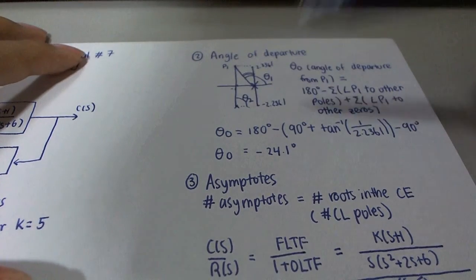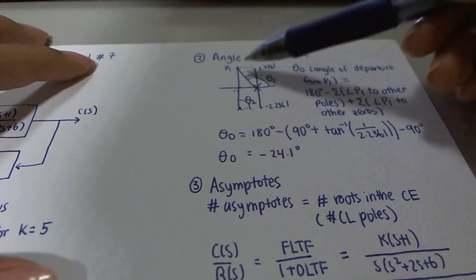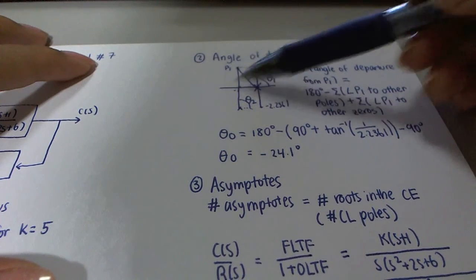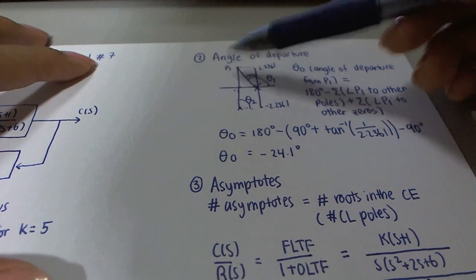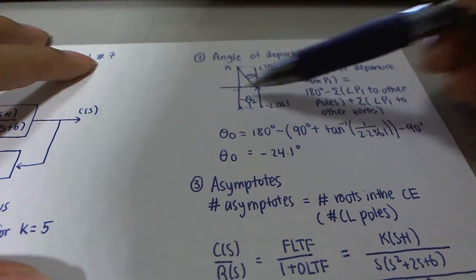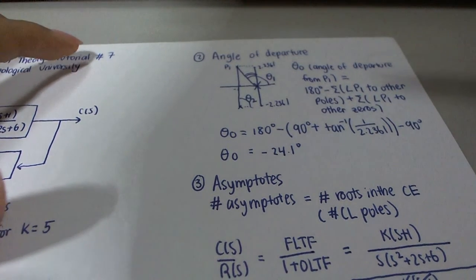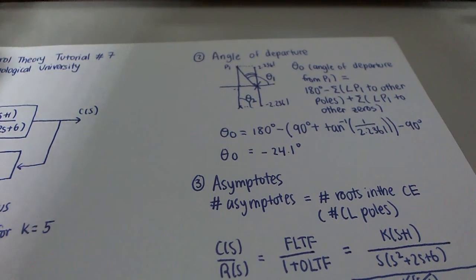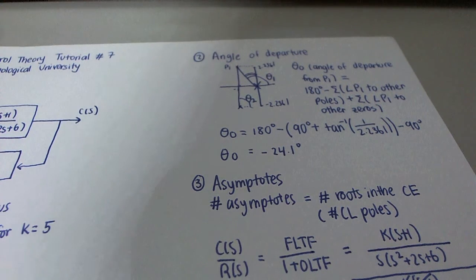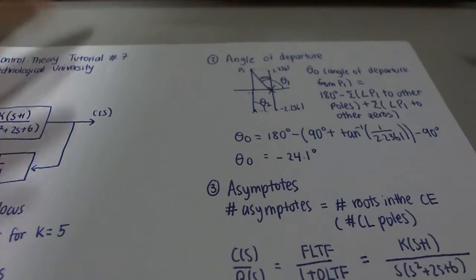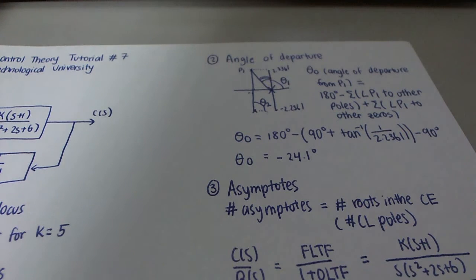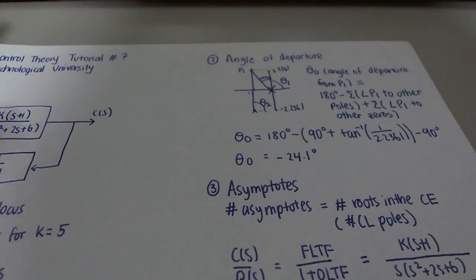We only need to find breakout points if there are multiple poles on top of the real axis or multiple poles on the real axis itself. That is when we can actually observe a condition where the root locus breaks at that point. But if you're confused, you can of course apply the formula and check the validity of the breakout points that you get. If all the breakout points that you have are invalid, that means there are no breakout points at all in the system.